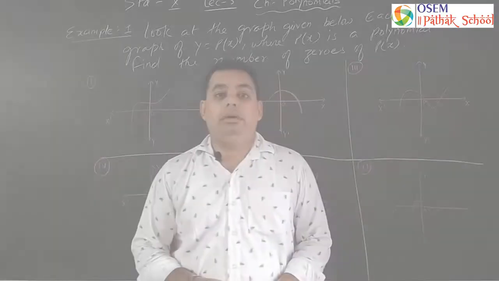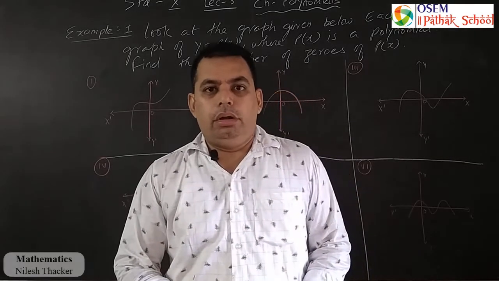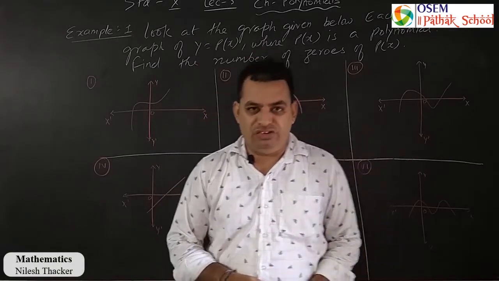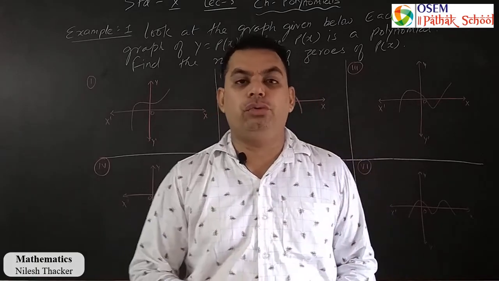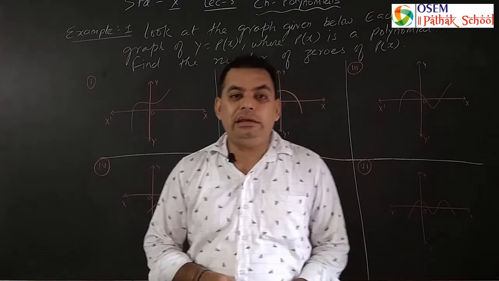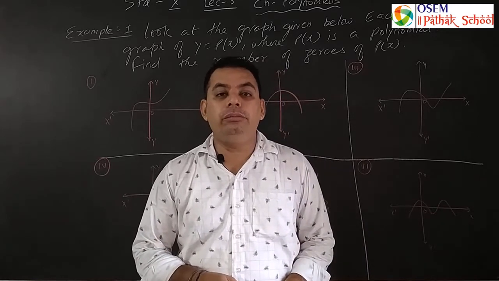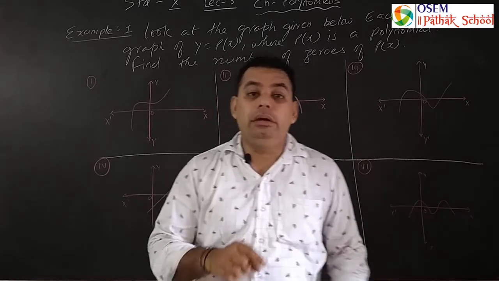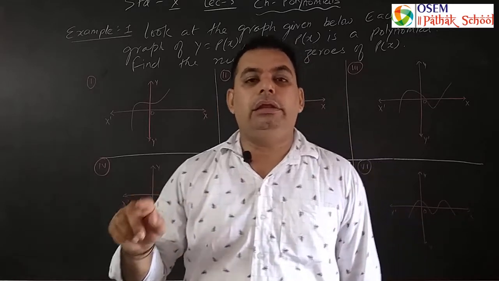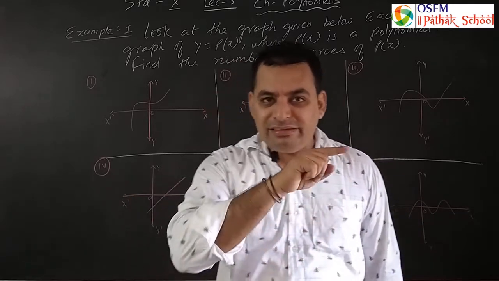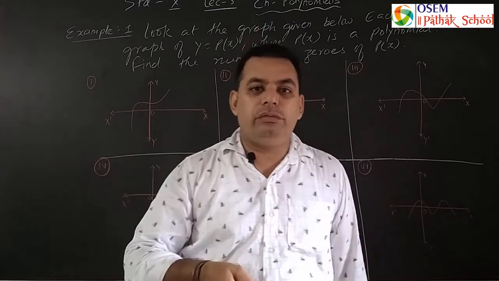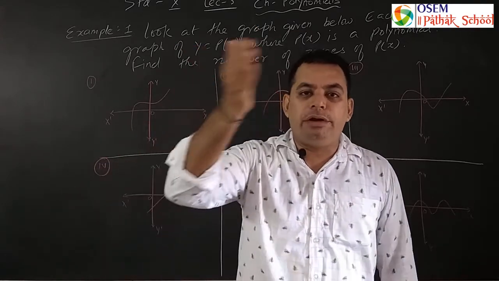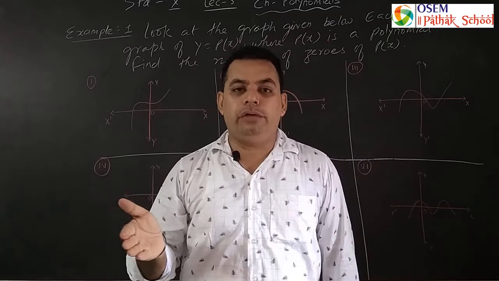Now, students, you will be given graph questions in the examinations. It is an MCQ or a 1 mark question. You have to just see the graph and tell how many zeros it intersects on the x-axis. The x-axis is a straight line. We already know that a graph is divided into 4 parts: the first quadrant, second quadrant, third quadrant and fourth quadrant.